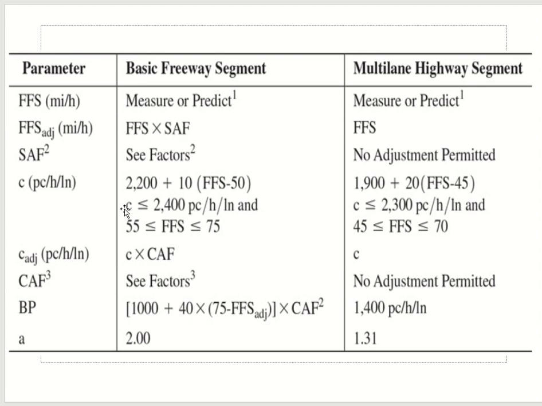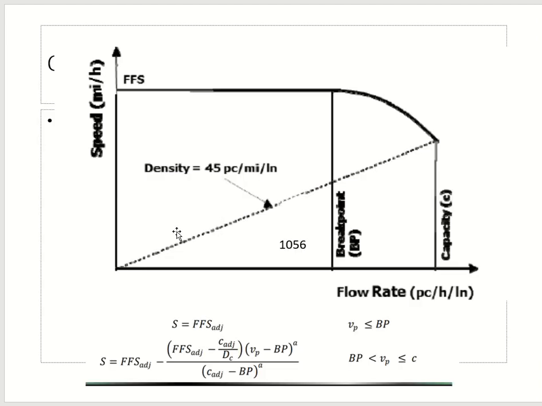This is the equation for capacity. How much is it? Two four three six. But there's a limit. So you cannot go beyond this limit. So if it is 2436, I will take what? 2400. Okay. So this point is 1056 and this point is 2400 then.